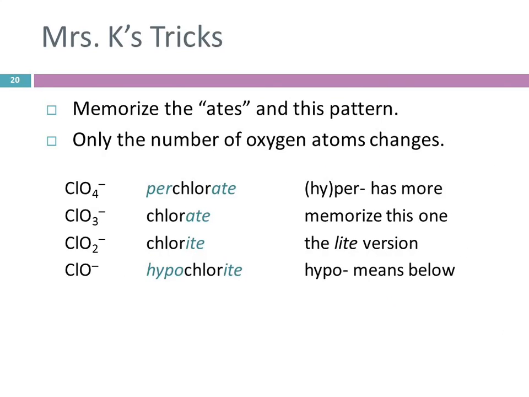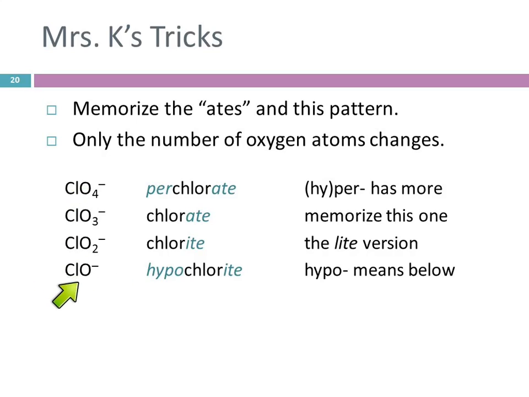And then there's a pattern. So I'm going to show you with the chlorate family. Here's chlorate in the middle, ClO3-. You just flat out memorize that one. But then there are prefixes and suffix changes that are related to the number of oxygens.